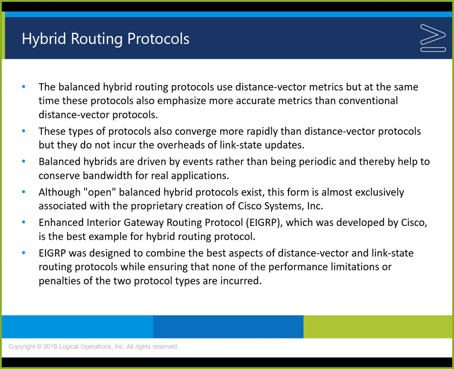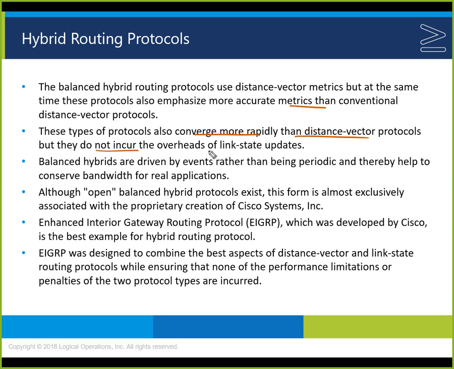Hybrid routing protocols have characteristics of both link state and distance vector protocols. Link state metrics, but at the same time emphasize more accurate metrics than the conventional distance vector. Also converge more rapidly than distance vector protocols.